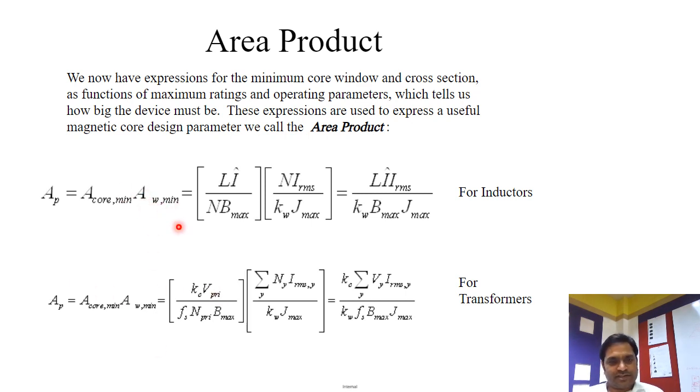From the previous equations, if we put in the values of both, in the case of an inductor the core area would be Li upon N B max, and the winding area must be equal to N I RMS upon Kw J max, which gives Li peak times I RMS divided by Kw, the fill factor, and B max times J max for the inductor. In the same way, the area product for transformers: if we take both equations for core cross section and window area, this leads to these equations for the transformer.